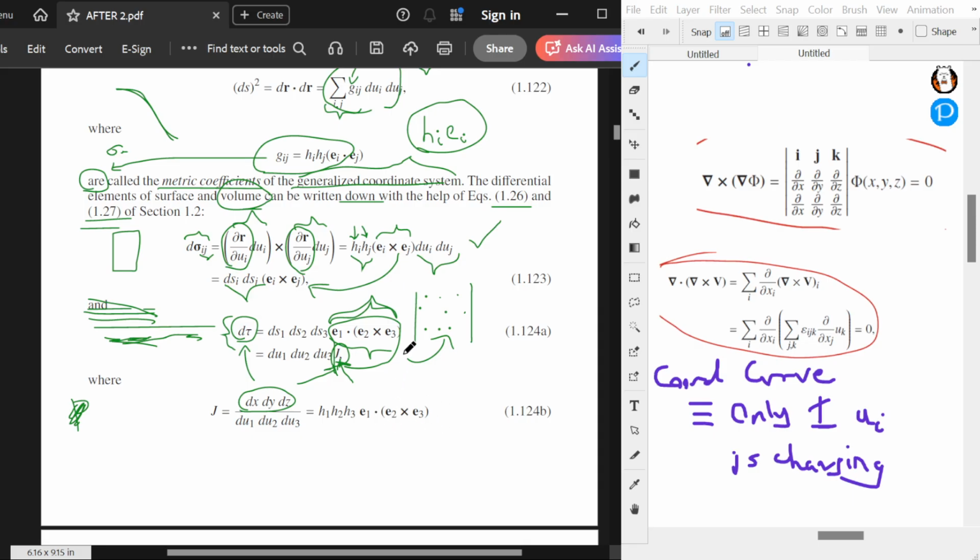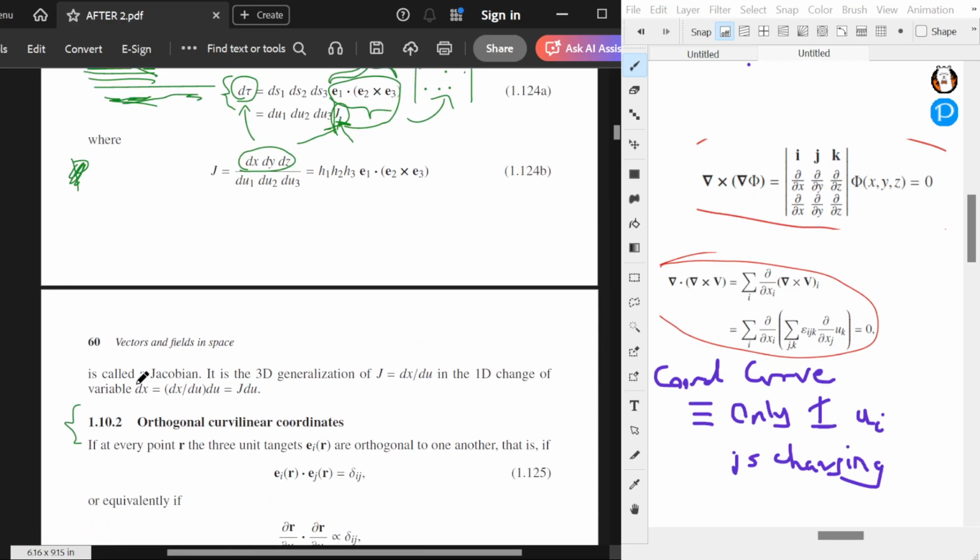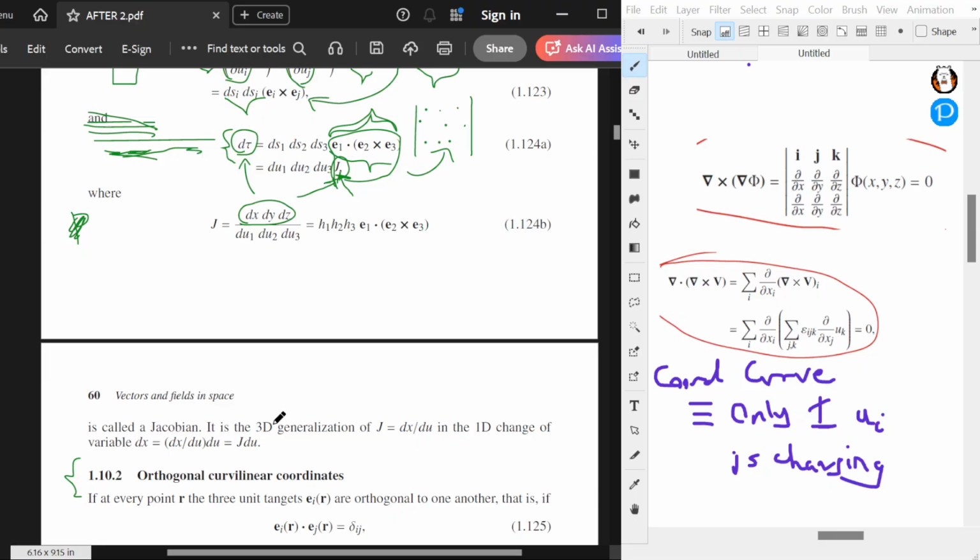Okay. It's called, yeah, J is called a Jacobian. It is the 3D generalization of J equal dx du in the 1D change of variable.